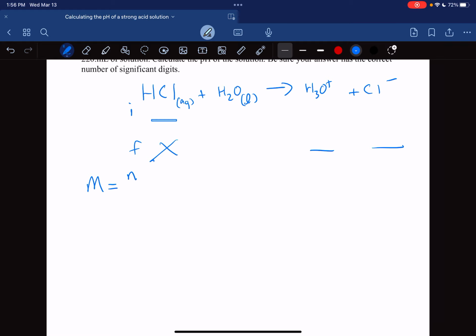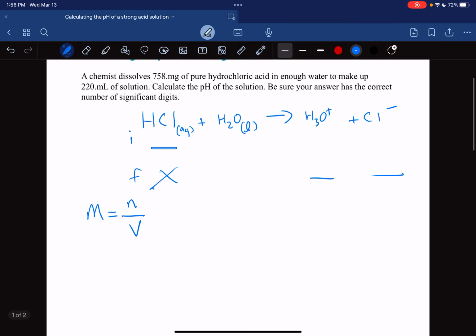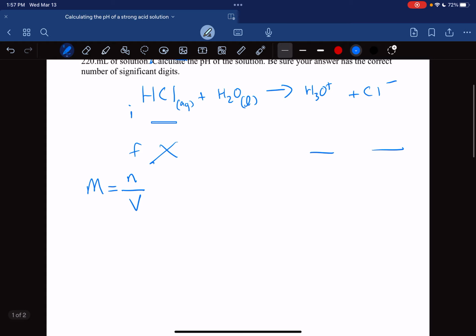Molarity is equal to moles per volume. We know what our volume is. And by the way, our volume has to be in liters, unless both our moles and our volume are in milliliters. We can do it that way if we'd like as well.